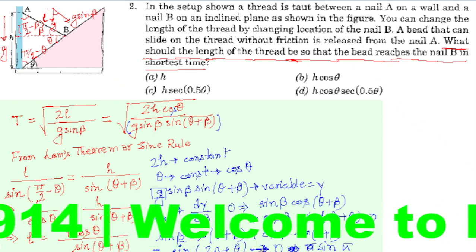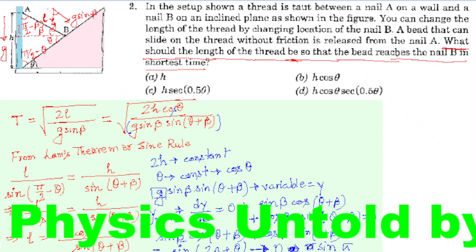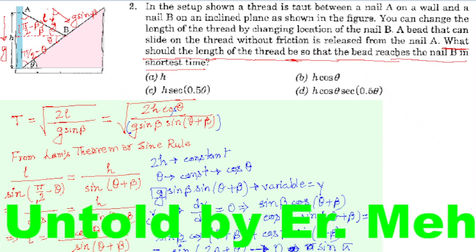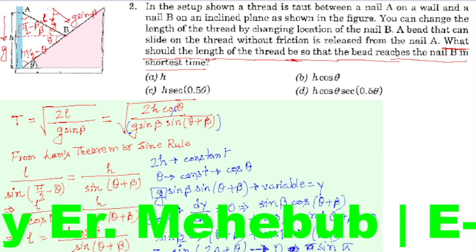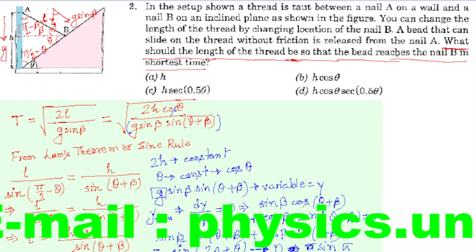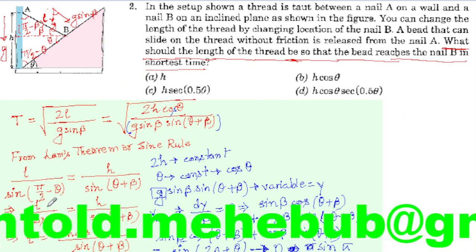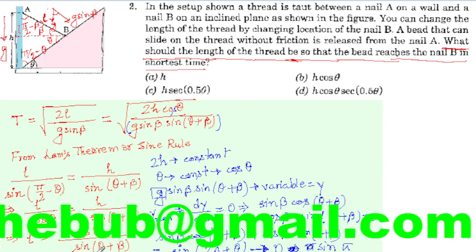Now we have to substitute the value of beta in the expression of the required length. As we already wrote the equation, L equal to h cos theta divided by sin of theta plus beta.